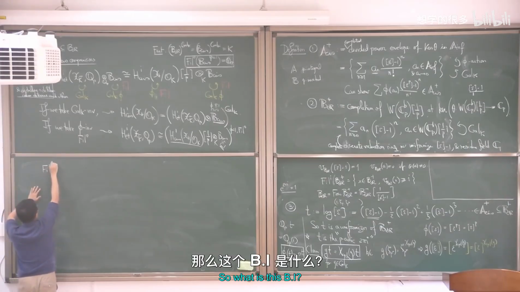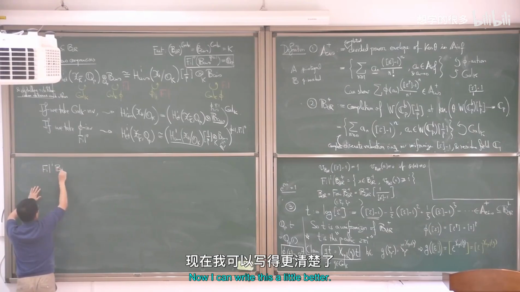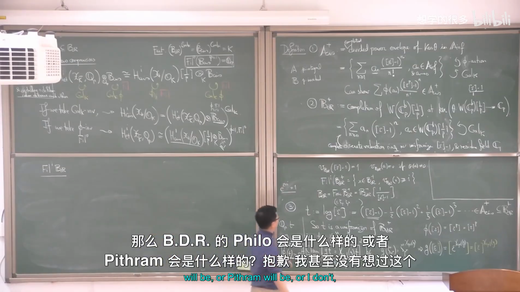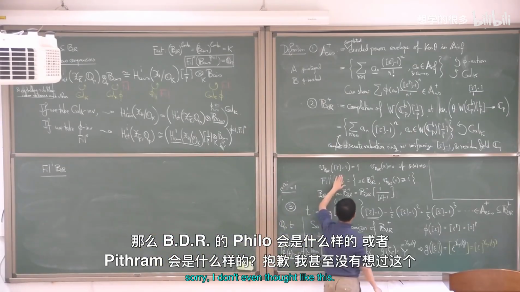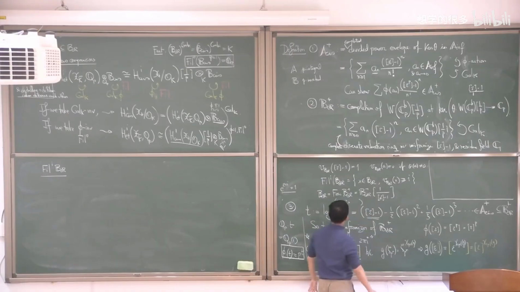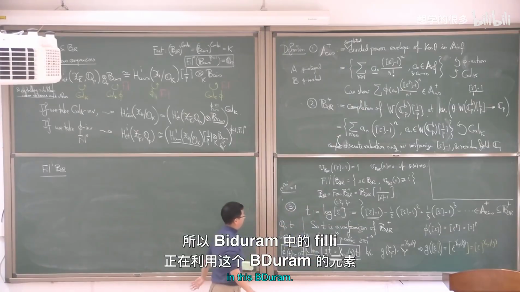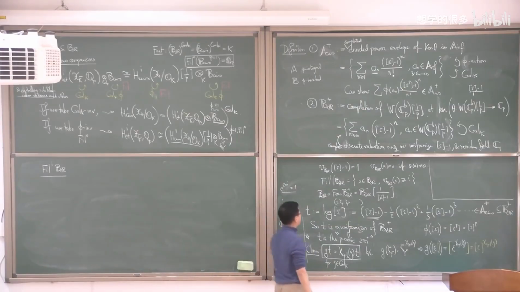So what is Fil^i? Now I can write this a little bit better. So what is Fil^i of B dR? I can do it for any i. So Fil^i of B dR is taking elements in this B dR. Oh, I see. I guess let's swap these two.